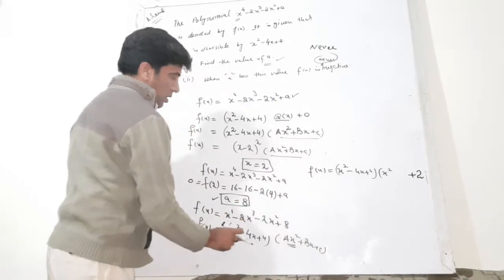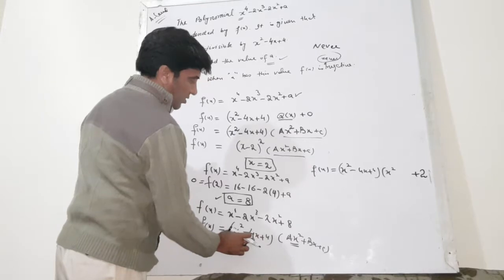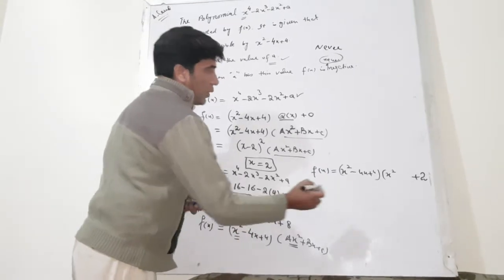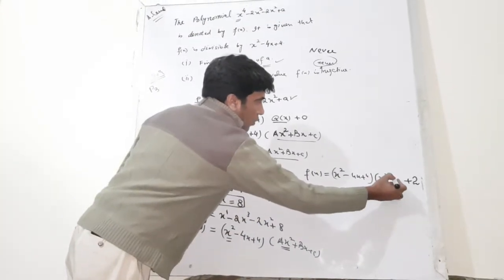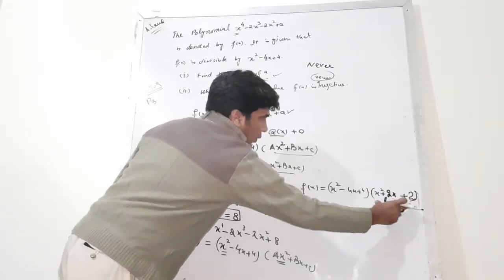Now you can also compare the coefficients of the x term or the x³ term, and you will get the value of b. When you simplify, you will have this form.